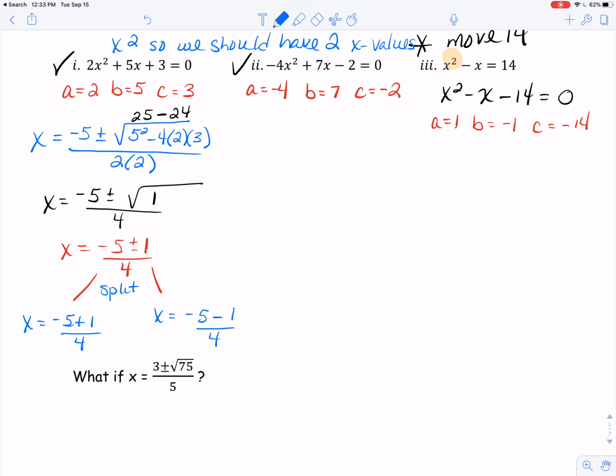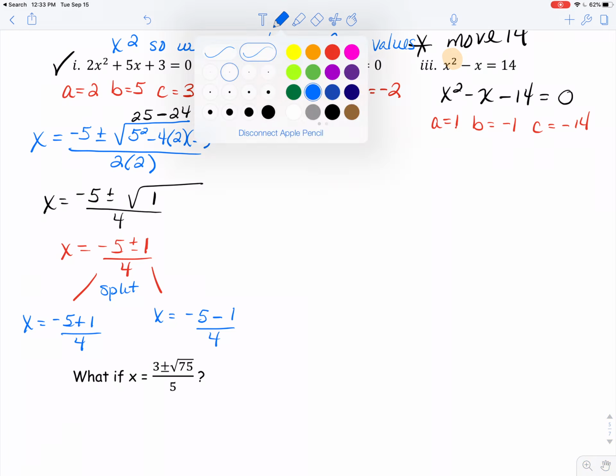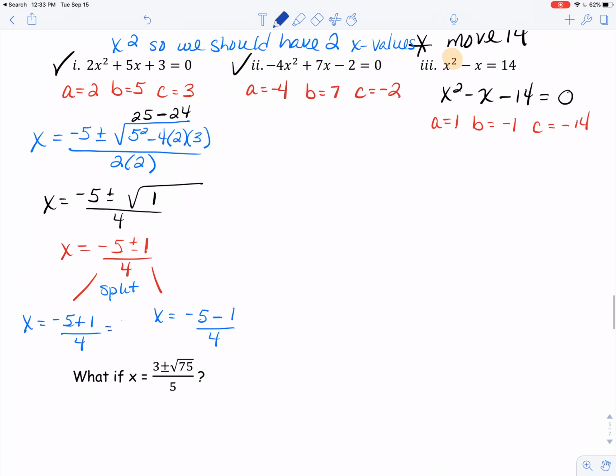So this is where we're splitting the plus or minus so that we can get our two answers. So that's going to be negative 4 over 4, which equals negative 1. This is going to be negative 6 over 4, which is negative 1.5, or negative 3/2. So there are my two solutions: x equals negative 1 and negative 1.5.